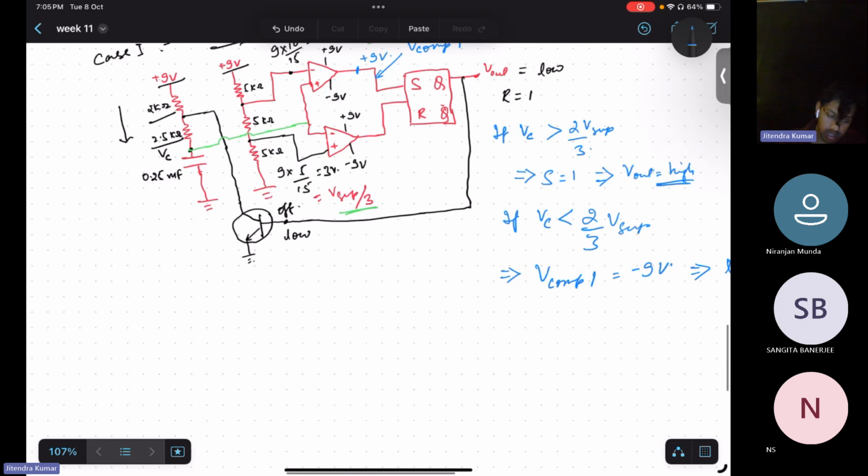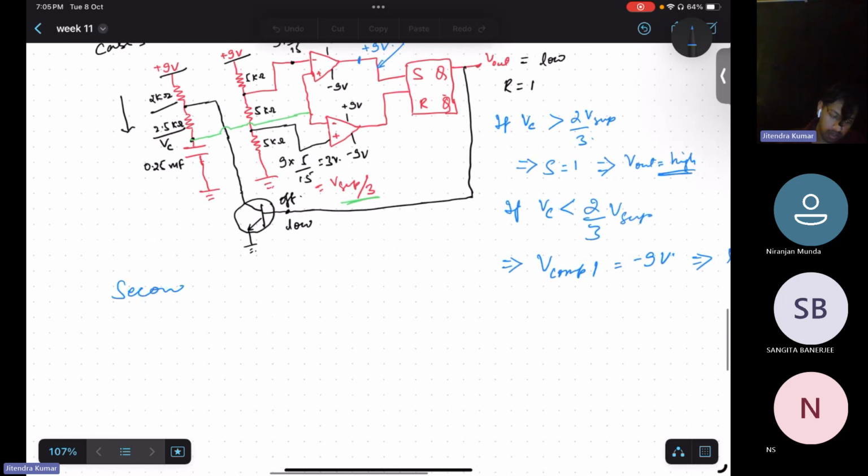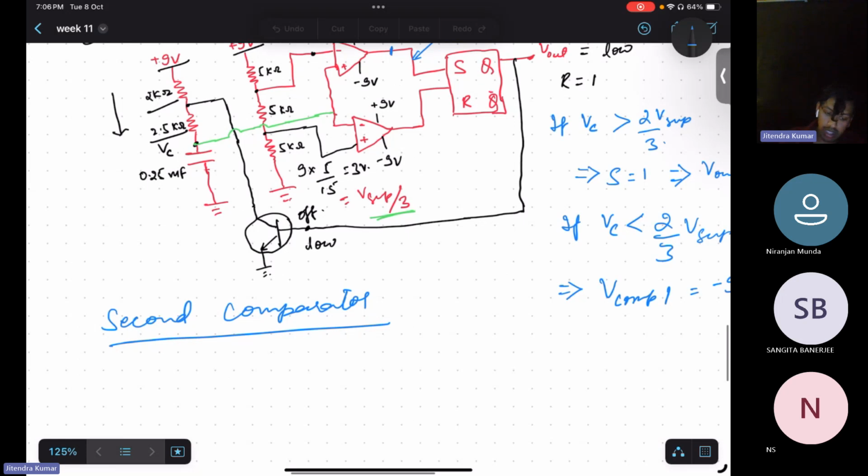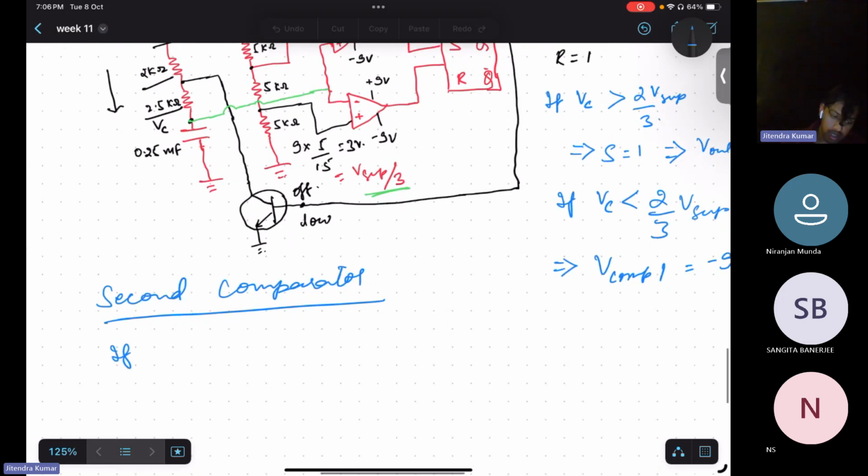So let's move ahead with the second comparator. The second comparator will compare with this V supply by 3, isn't it? So if VC is lower than V supply by 3, then V comparator 2 will be plus 9 volt.